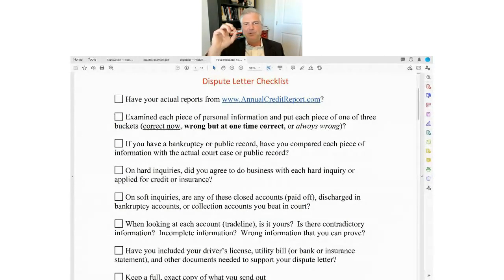So module 1 is actually about pulling your credit reports. And so I'll give you just a second about that. Module 2 is about the biographical information. So we just take each piece of information and it goes into either the correct bucket, the wrong but used to be correct, or never was correct. And we just drop each piece of information in there. My name, maybe my name changed after marriage.